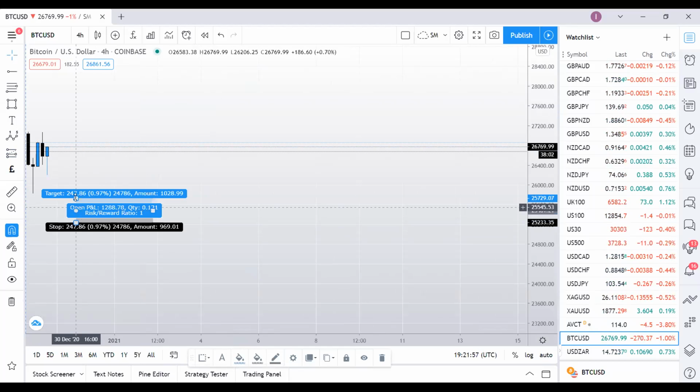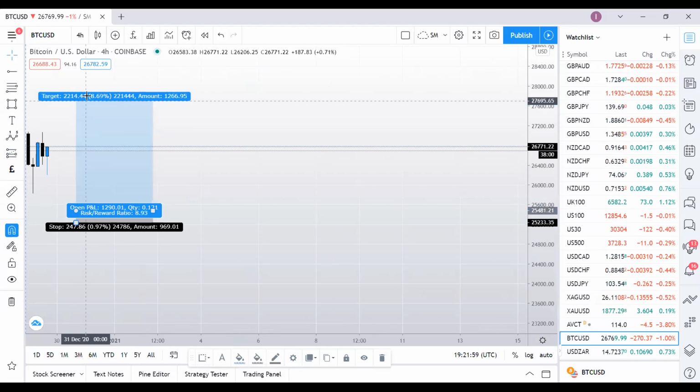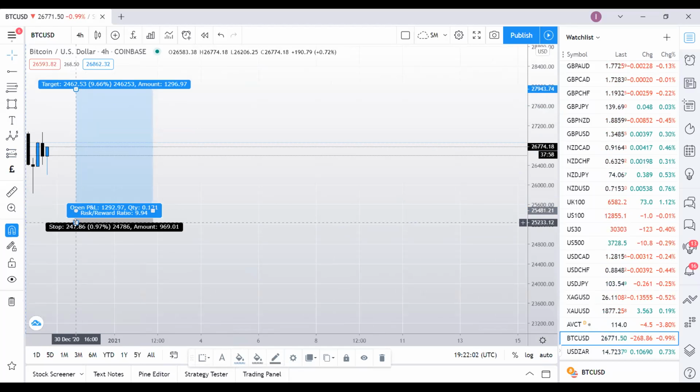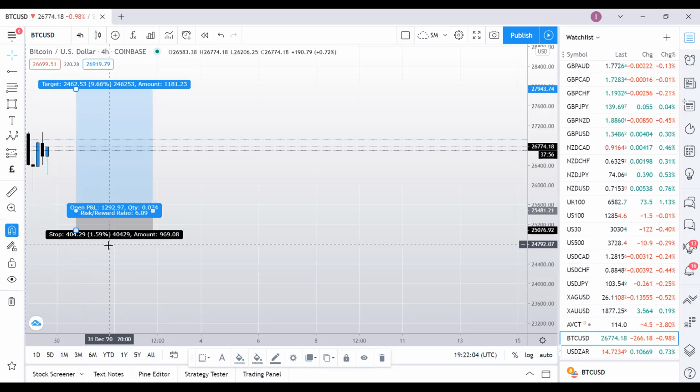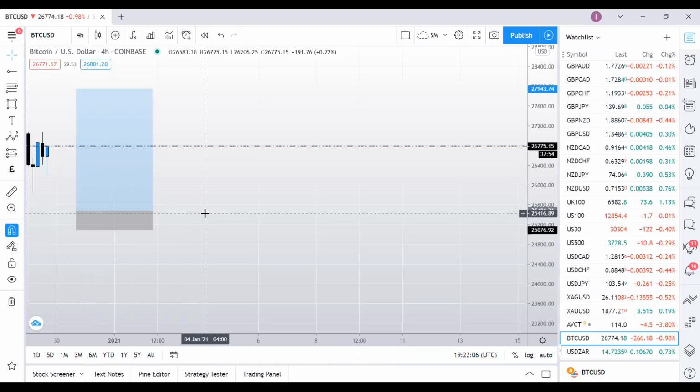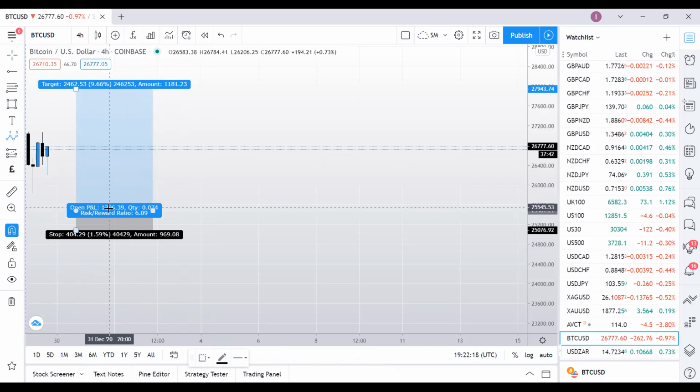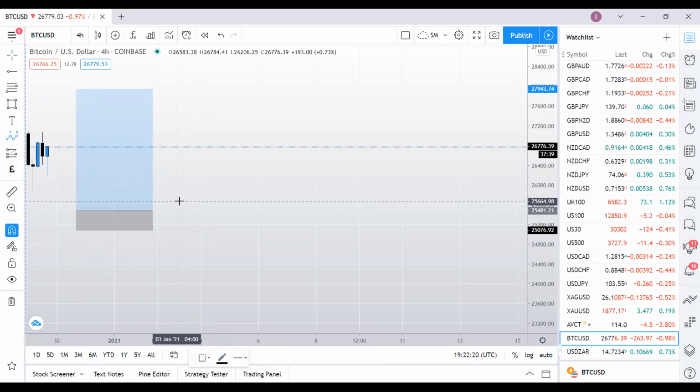So one thing's for sure, with this 4-hour time frame, you know that if the price comes to your stop loss and goes below it, the market's broken structure, right? Does everybody understand that?